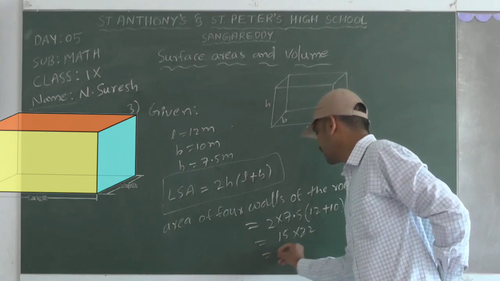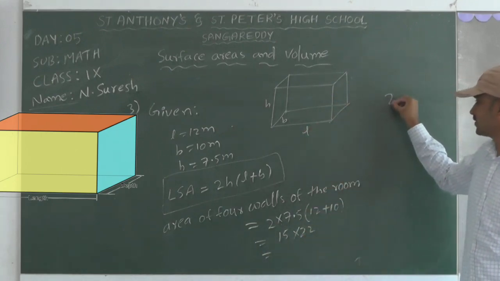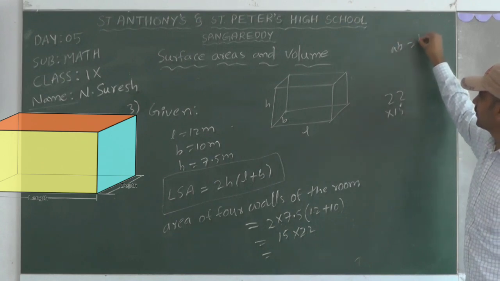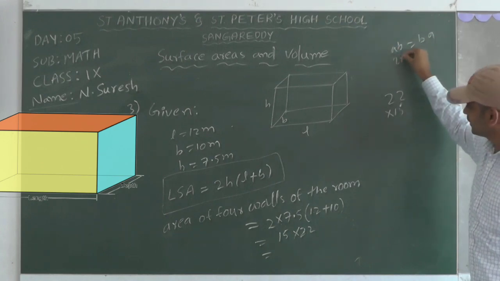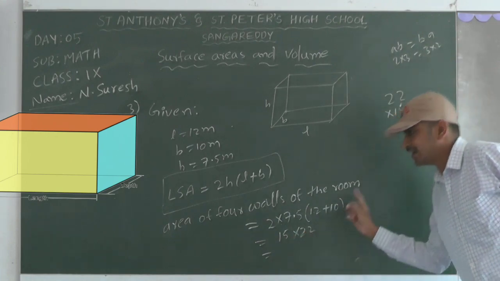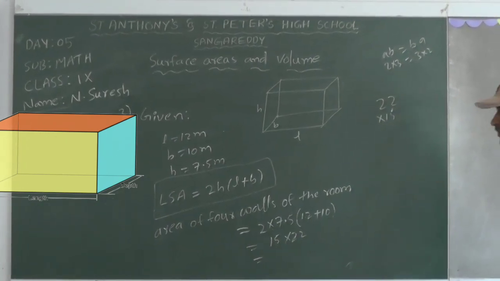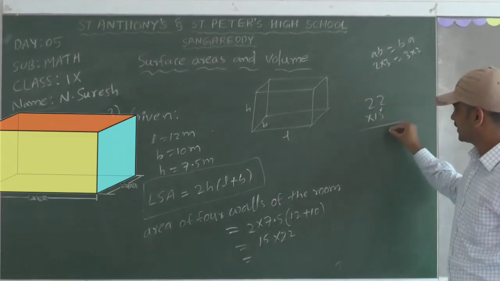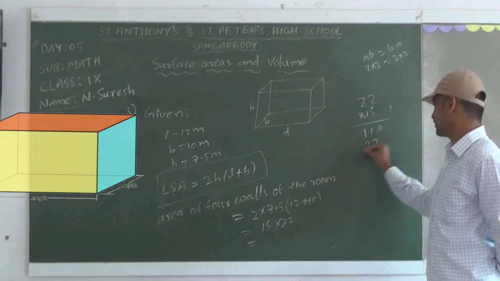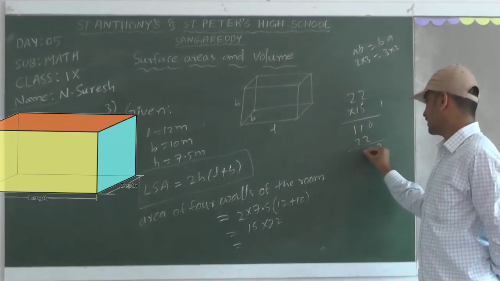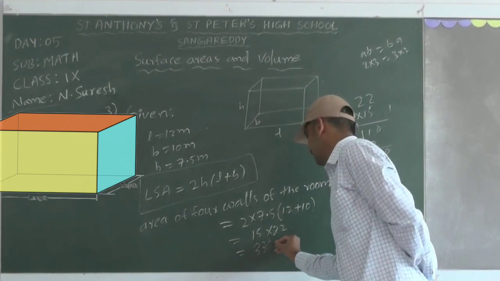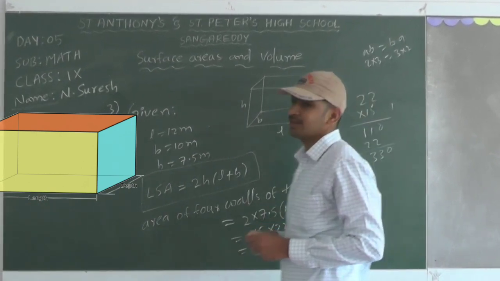So you have to multiply 15 into 22. Otherwise 22 into 15, because A into B equals B into A. 2 into 3 or 3 into 2, both are the same. We can multiply 15 into 22, otherwise 22 into 15. So 5 twos are 10, 1, 5 twos are 10, 11, again 1 plus 2, 0, 3, 3. 330 meters square. This is the area of the 4 walls.